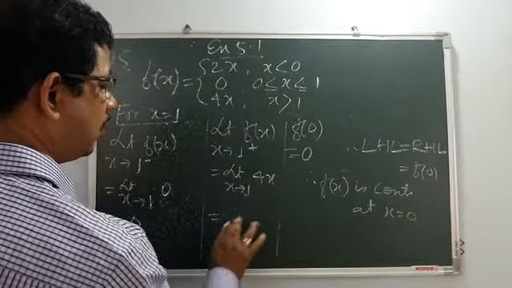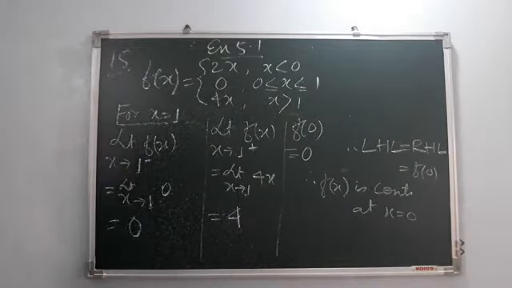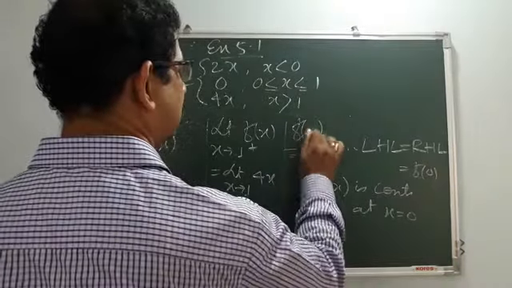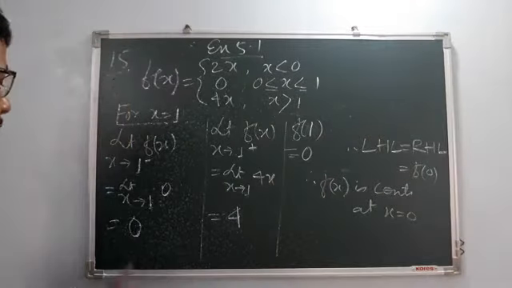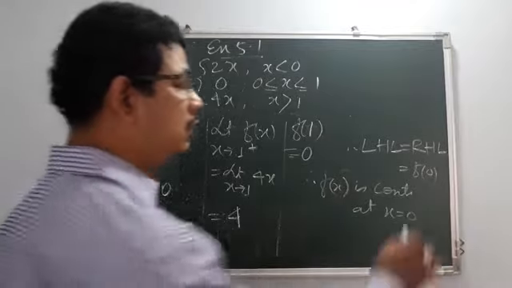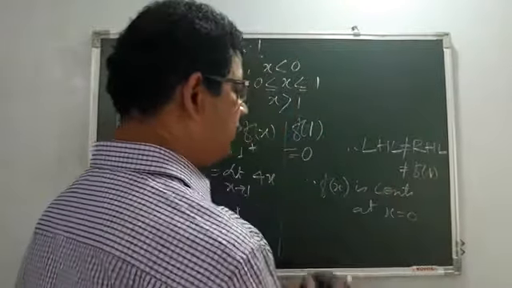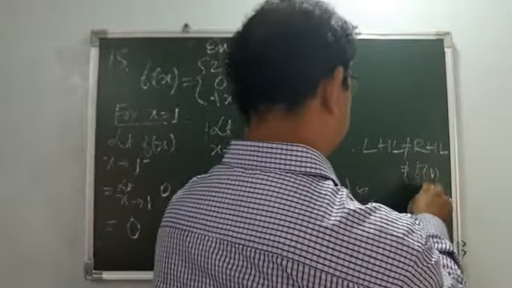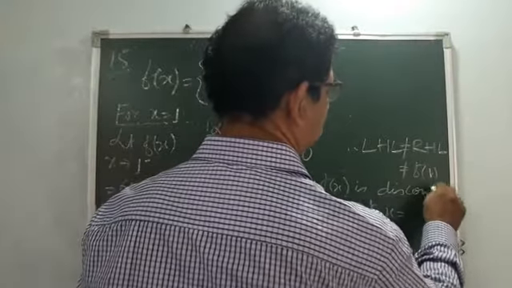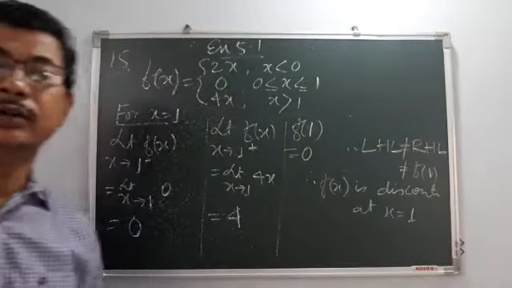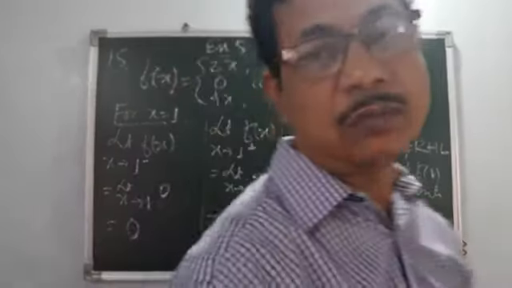If we put 1 here, it becomes 4. Whereas f(1) gives the value 0. So what we get? LHL, RHL, f(1) are all not equal. So f(x) is discontinuous at x equal to 1. So it is the point of discontinuity in question number 15.